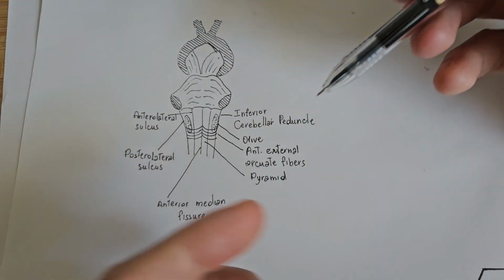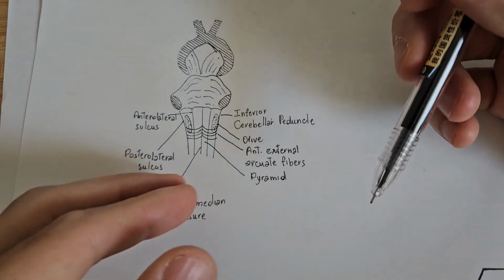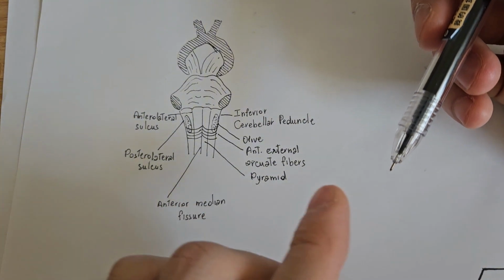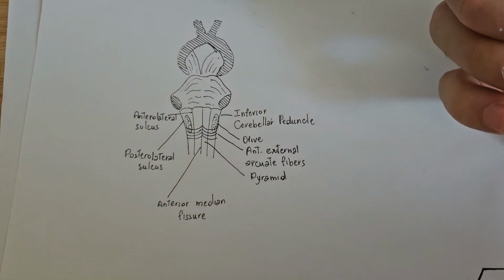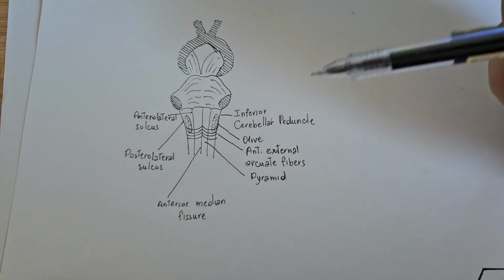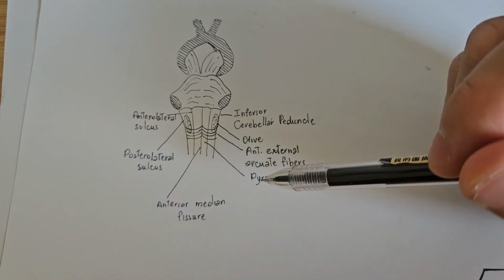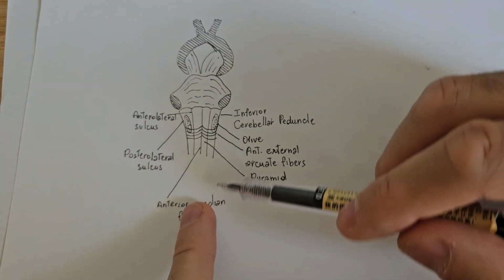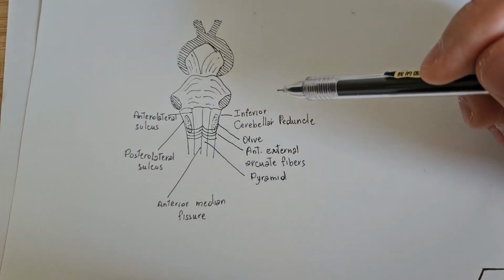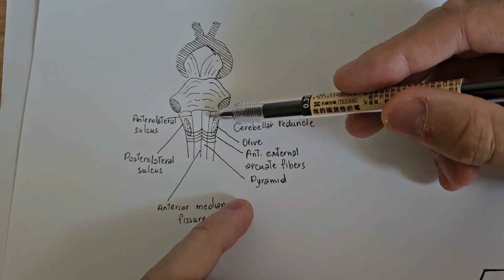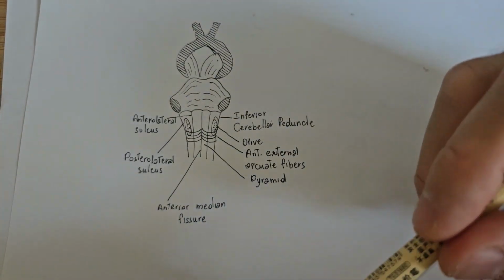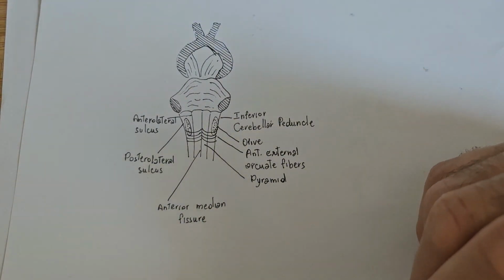And the olive is formed by the inferior olivary nucleus, which is a cluster of neurons involved in motor coordination and balance, and it sits just behind the pyramid and is separated from it by a shallow groove here, called the anterolateral sulcus.